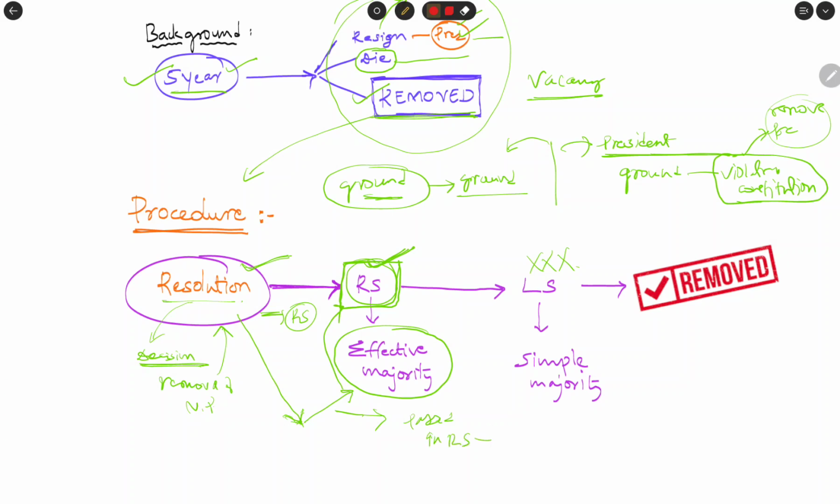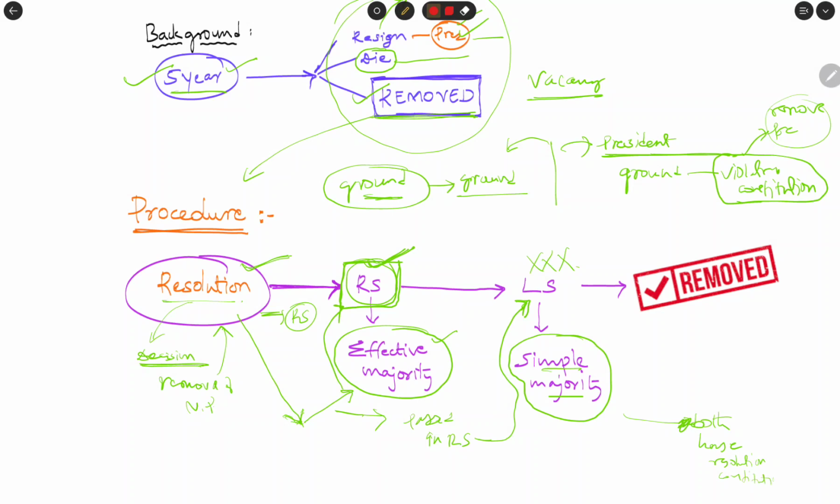Then this resolution goes to the Lok Sabha. There it requires a simple majority. I will explain the effective majority and simple majority later. If the Lok Sabha passes the same removal resolution with a simple majority, now both houses have passed the resolution with the required majority mentioned in the Constitution.